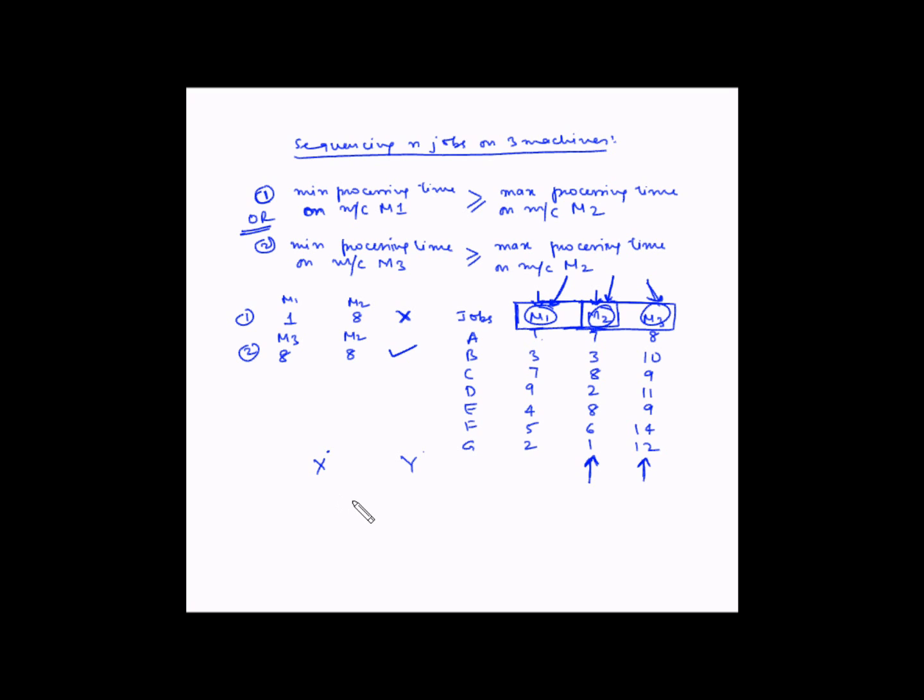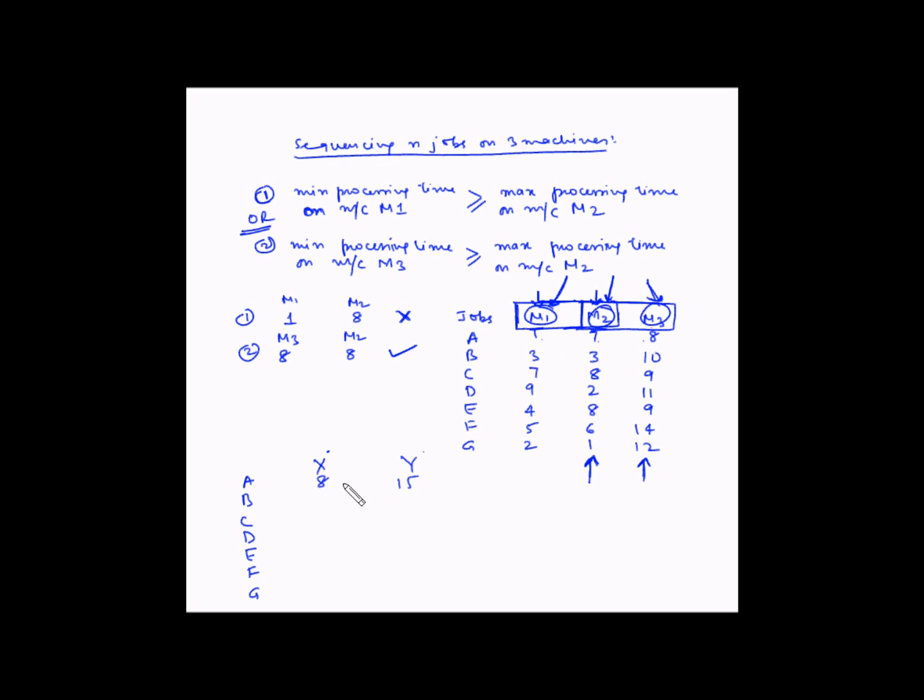So let's calculate X and Y for jobs A, B, C, D, E, F and G. So for A, for X, it is the addition of M1 and M2 for A. So 7 plus 1, this is 8. Y, addition of M2 and M3, so 7 plus 8, this is 15.